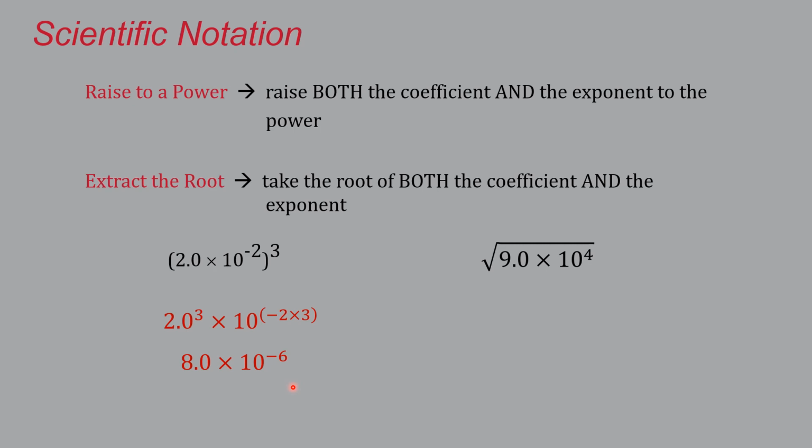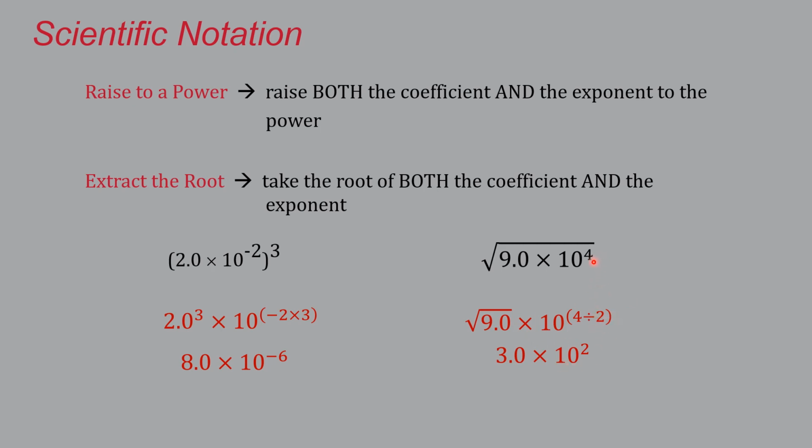Again, make sure that you do this and get that same answer with your calculator. They're all a little different, so let's just make sure we're on the same page here. And finally, to take the root, this sign here is for a square root. This operation would be equal to the square root of 9 times, and then here we are dividing.